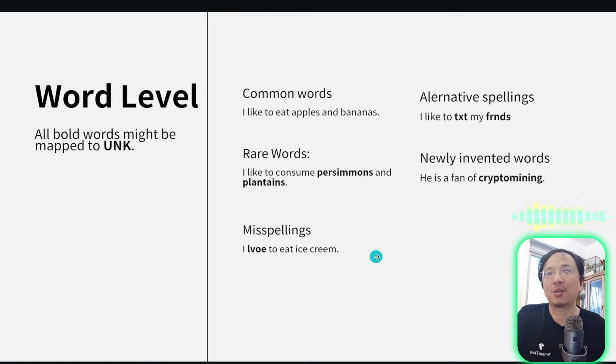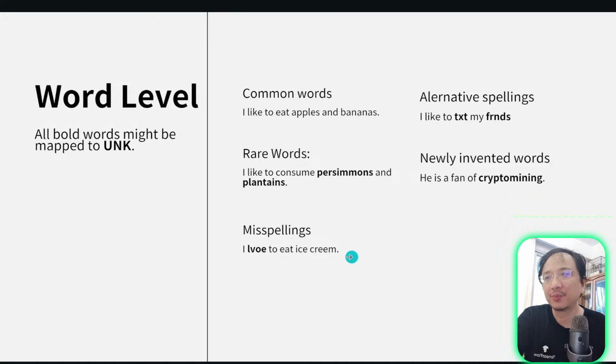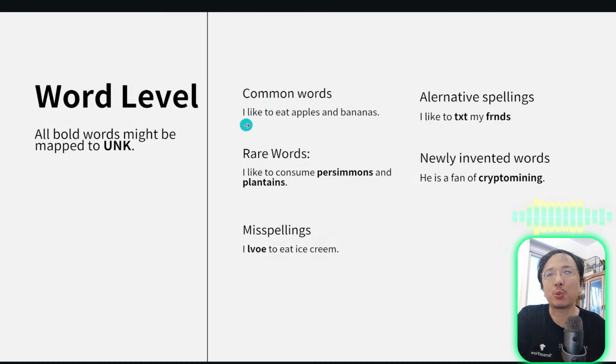level, mostly about why we don't use word level. It works perfectly well with a common sentence like this one: I like to eat apples and bananas. Each word maybe appears in a dictionary, maybe with some simple rules like plurals. We have a finite, maybe kind of huge, but not that huge dictionary, and we can simply split the sentence into different words.